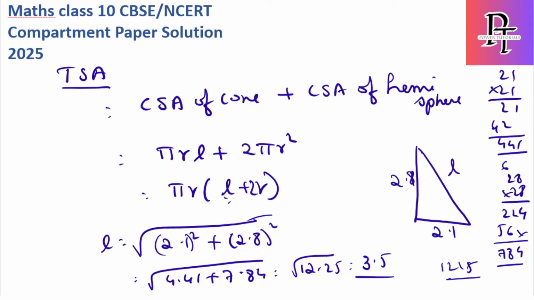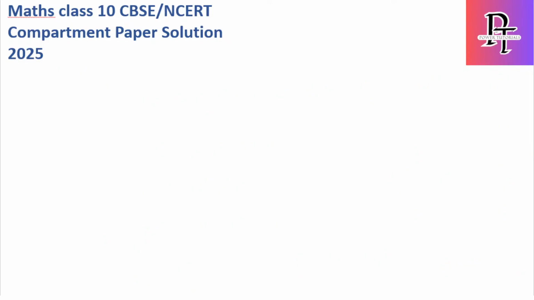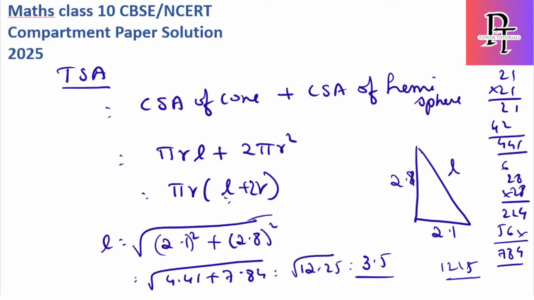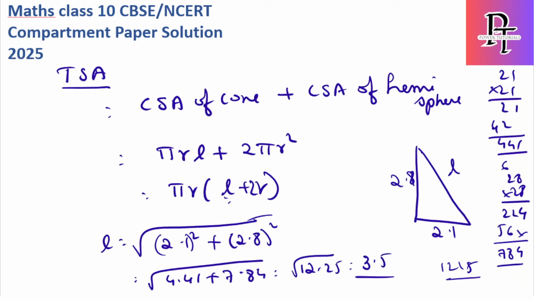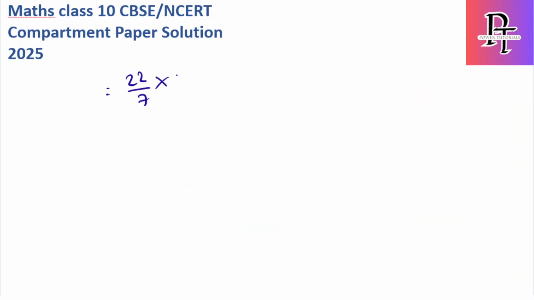I'll substitute in the formula. 22 by 7 into pi r into L plus 2r. Okay, r value is 2.1.